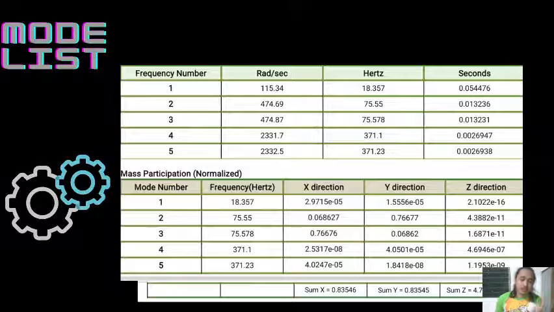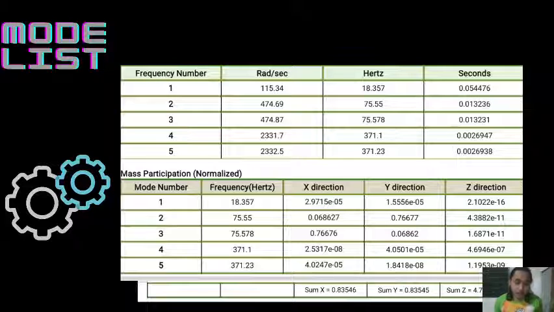In this table, we can see the displacement that happened in the shaft during our simulation along the x, y, and z directions. The sum of the displacement along the x direction from modes 1 to 5 is 0.83546 millimeters.